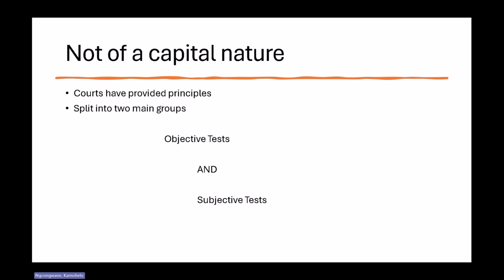Example is the example with the generator. If I'm a company that buys generators and I rent them out, I'm using these generators as a capital asset that generates income for me. From that perspective, if I was to sell one of these generators, the proceeds from that sale will be treated as proceeds of a capital nature.